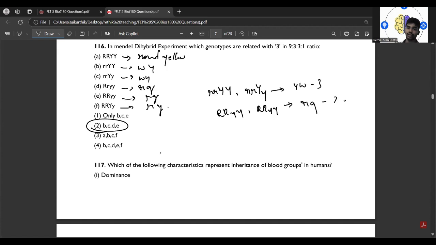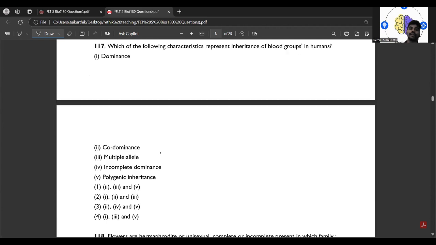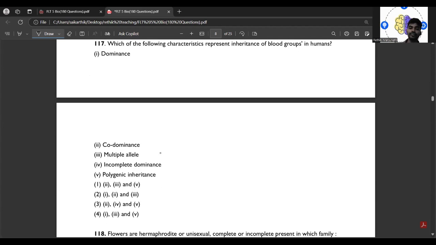Round green 3. So B you will see, C you will see, then D and E. So all these three.